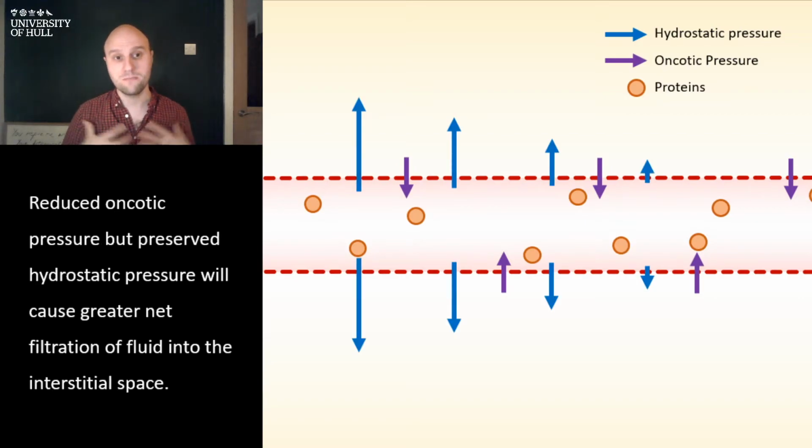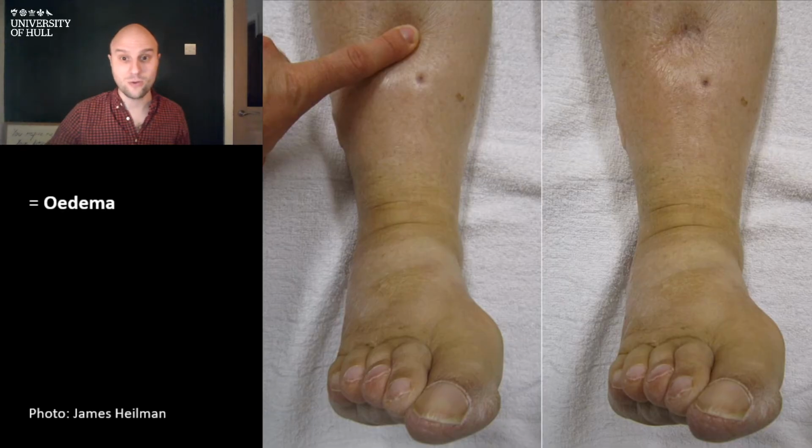However, this person may be well hydrated, perhaps, and so the hydrostatic pressure remains normal, and so we have far greater fluid leaving the intravascular space into the interstitial space than is returned. So there's a far greater net filtration, and we would recognise this clinically as edema.